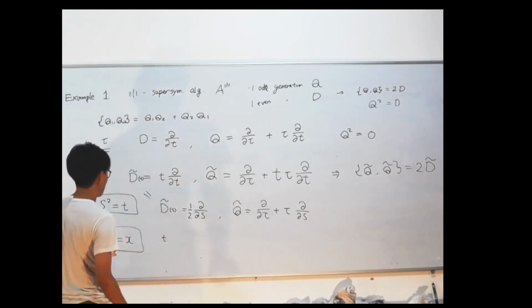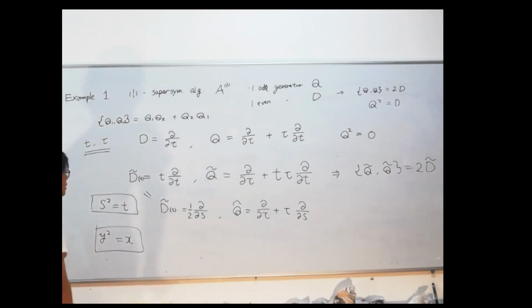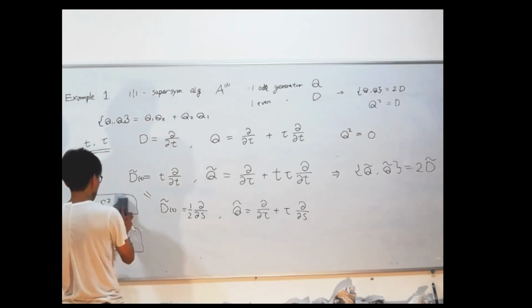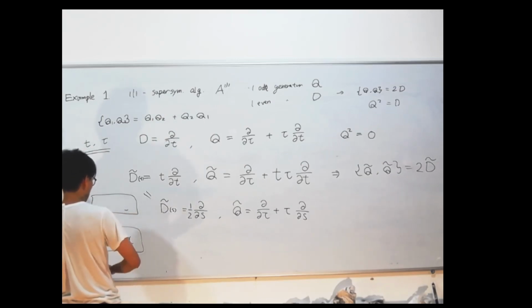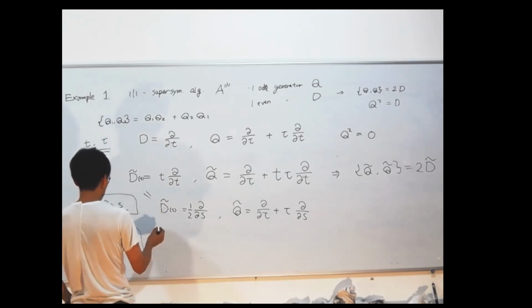Should I do this here on the board? Wait, so it's... Is that right? If T is S square, so if T square is S, then what?